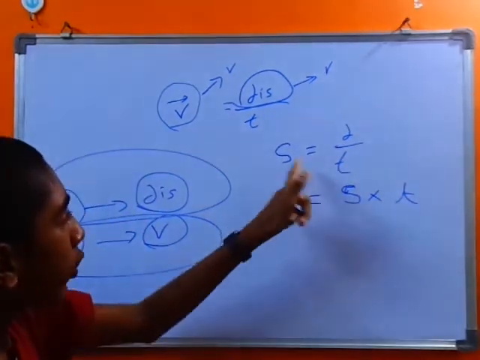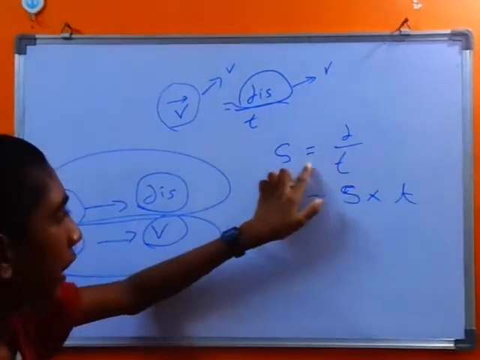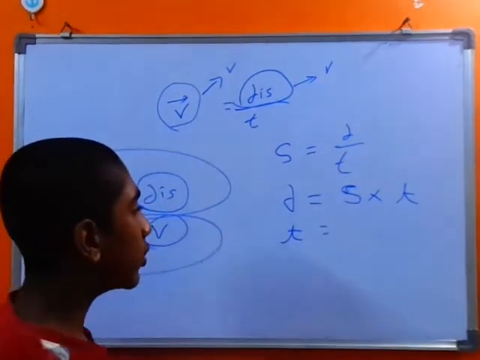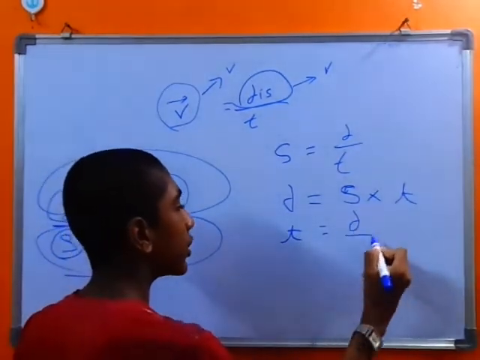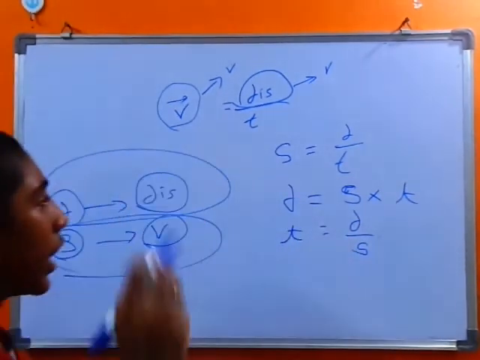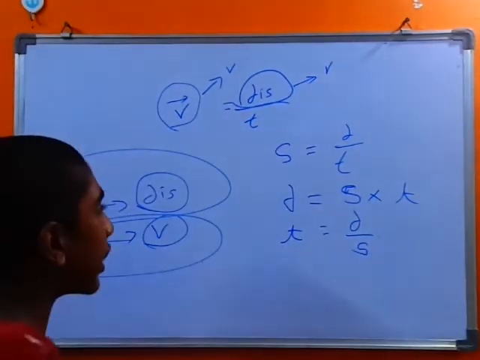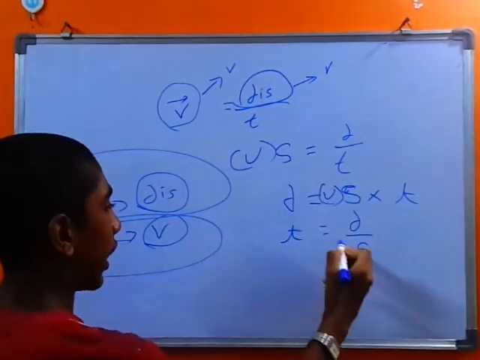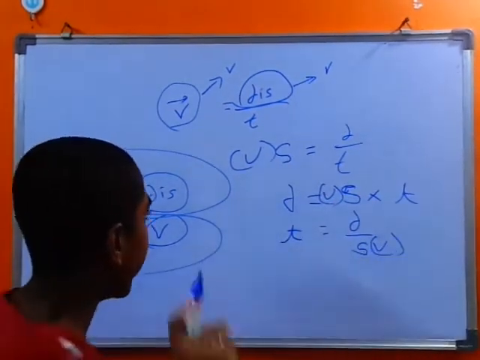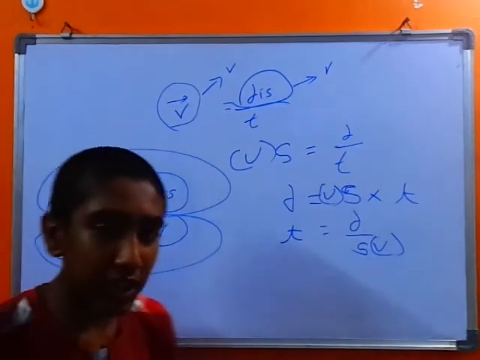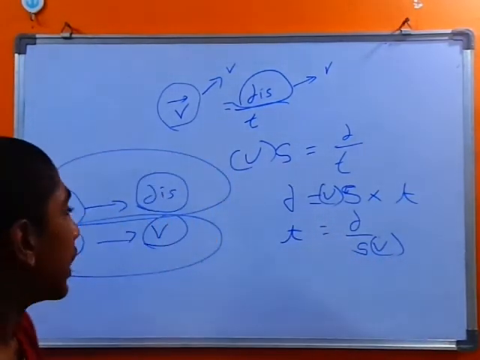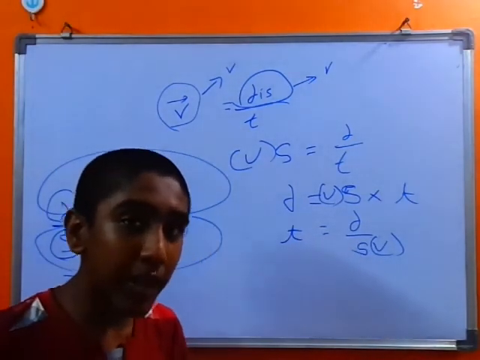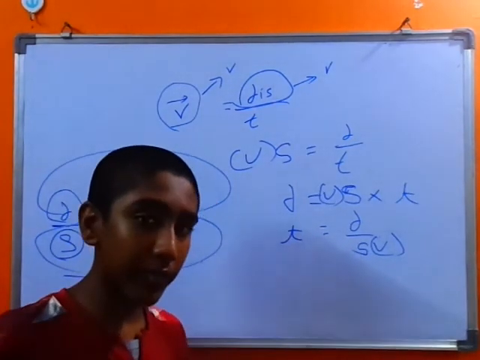Or in order to find time, we can switch these two and write time is equal to distance by speed. And for velocity, we can write v instead of s, and it is the same. So this is the relationship between distance, time and speed, and displacement, velocity and time.